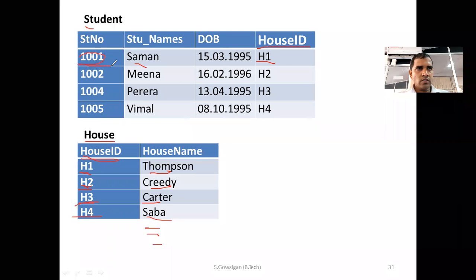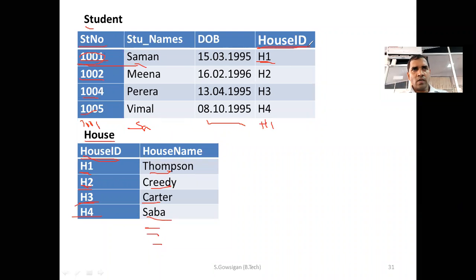So this Summon, 1001, belongs to H1. You cannot write 1001 again. If you write 1001 again, you have to write Summon again, the same date of birth, 15/3/1995, and H1. This is useless. You are repeating the same record. So now I confirm that these numbers are never repeated, so student number is the primary key.